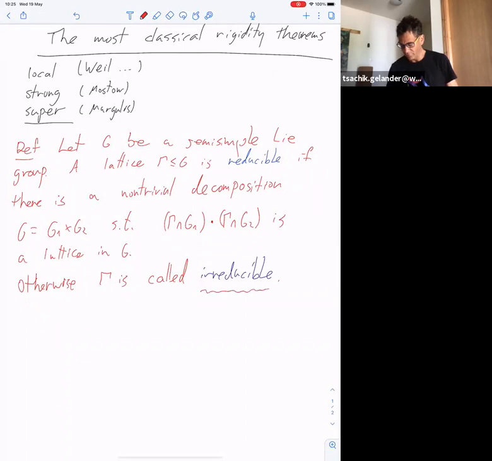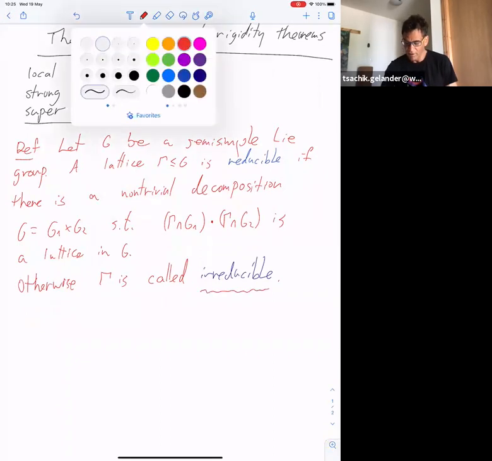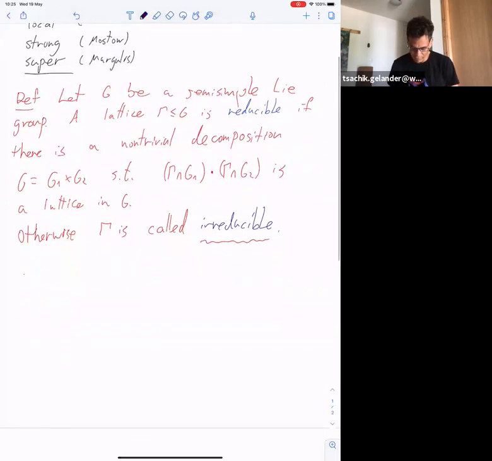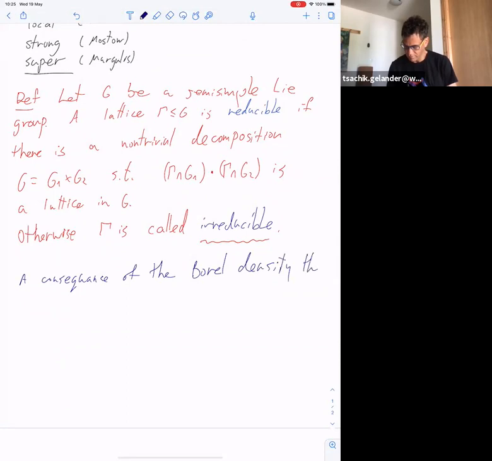And the rigidity theorem applies in that generality of irreducible lattices. That's why I wanted to say this definition, a remark that a consequence of the Borel density theorem is that if gamma in G is irreducible, then the projection of gamma to any proper factor is dense, and the intersection of gamma with every proper factor is central.